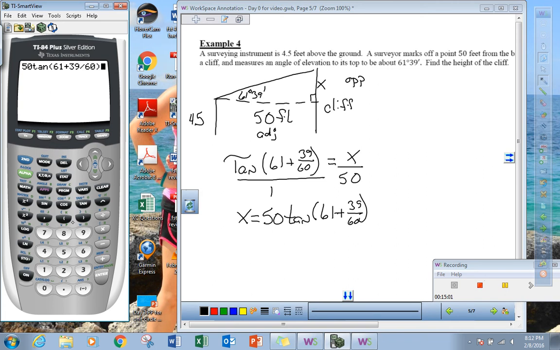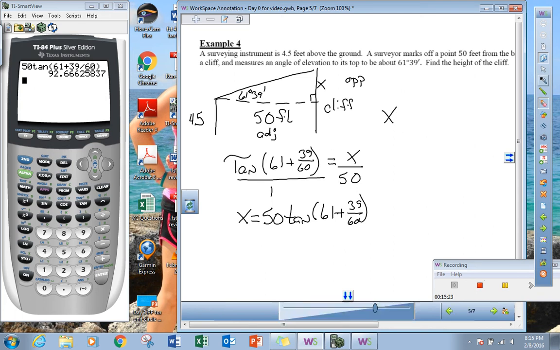So it's going to look just like that. When I do that, I get x to be about 97.2 feet. But notice that's not our answer, is it?